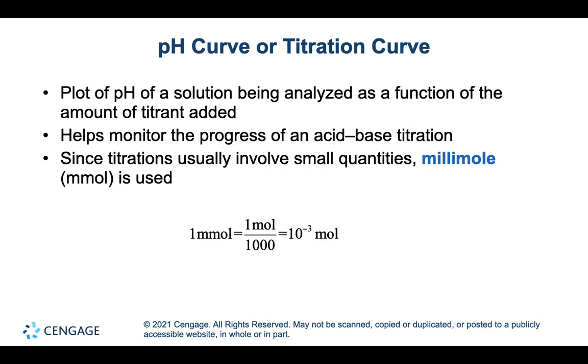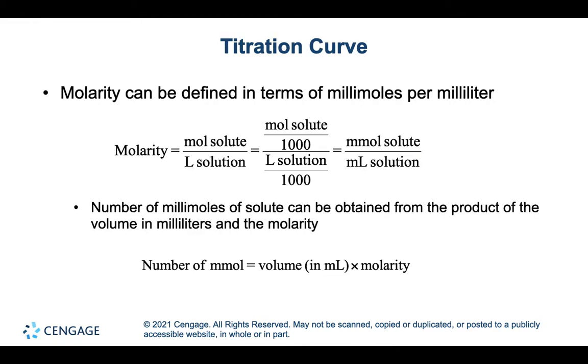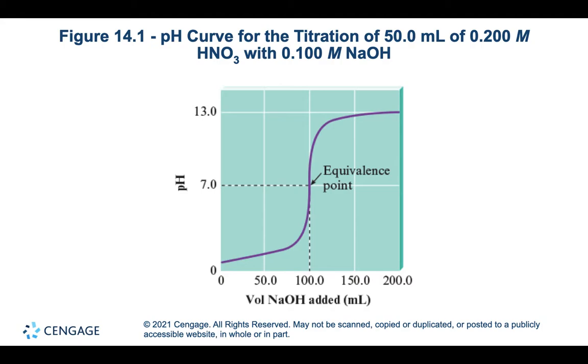If I have some 1 molar acid and I add 1 milliliter of it, that's 1 millimole of the acid being added. So just keep in mind that molarity is moles per liter, but it's also millimoles per milliliter. Since we typically add milliliters, we can think of it as adding millimoles, or thousandths of a mole, of acid or base to each other.